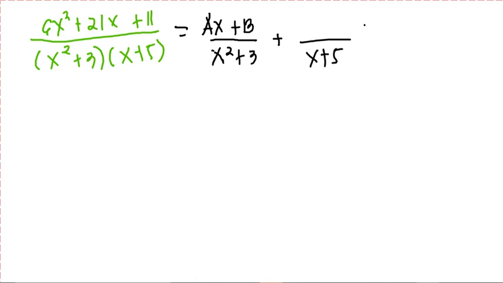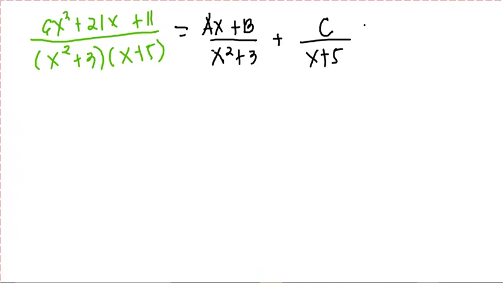So ari, naka-squared siya, so dapat may x ka sa numerator. So this one, since linear lang siya sa ating denominator, so constant lang sa baba. Since quadratic sa denominator, linear sa numerator. Since linear sa denominator, dapat constant lang sa numerator.